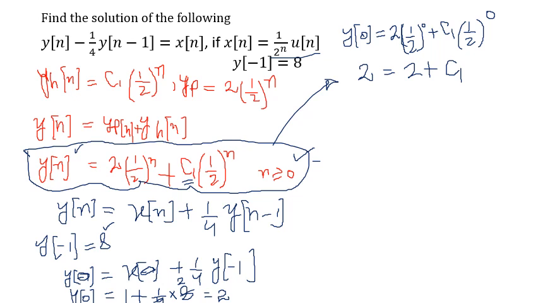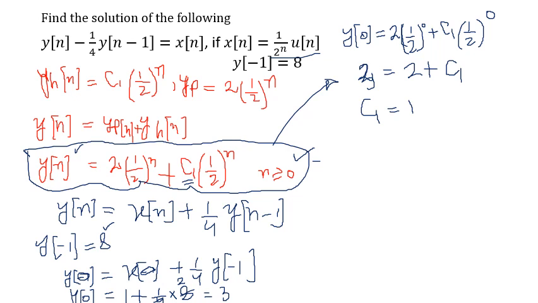Oh, actually this one is wrong. 2 plus 1 is 3, so I have written it mistakenly as 2, so this is basically 3. So when this is 3, that means 2 comes here, so c1 equals 1.